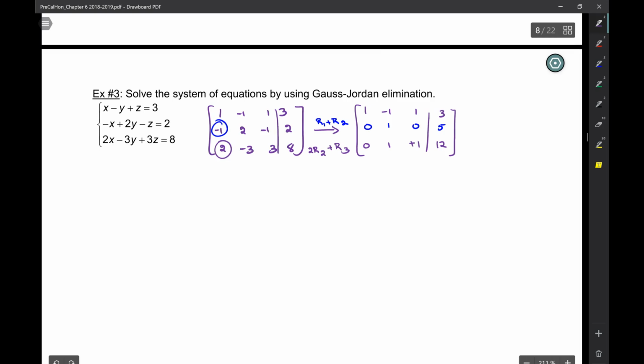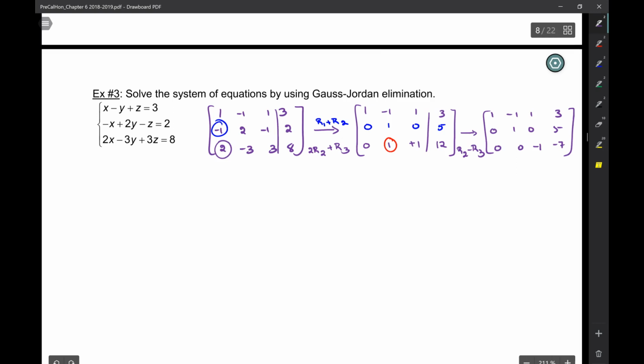Okay? So look, what's the next one I need to get rid of? This one. How can I get rid of that one? Right, so R2 minus R3, 1, -1, 1, 3 on top, 0, 1, 0, 5 here, 0, 0, -1, -7.